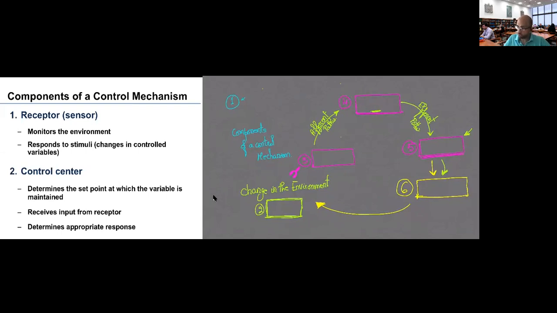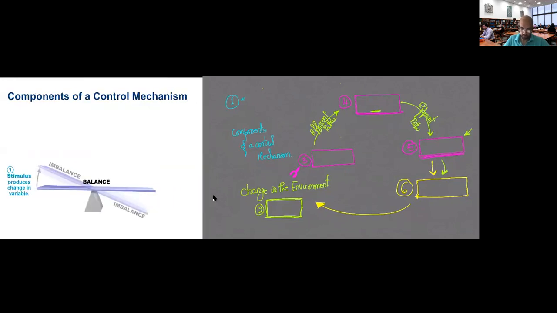All right, so let me answer this with you. What is the change in the environment? Can you remind me, what did we call the change that takes place in the environment? Stimulus. And then the stimulus is going to be detected by receptors.